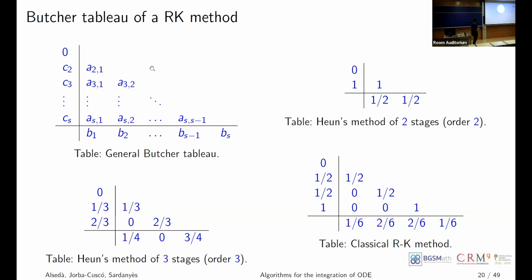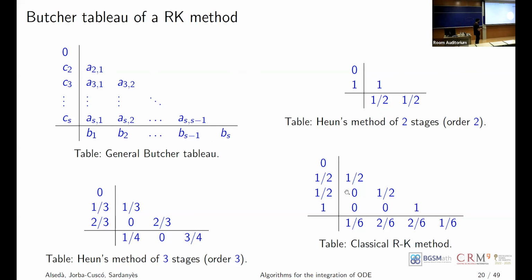But essentially, this column here indicates the grid. The thing below inside indicates the coefficients of the linear combination, the matrix. If there is nothing, it means that it is equal to 0. Okay, and these b's here are the weights. So this determines a Runge-Kutta method. This is another method, due to Heun's, but this time it has 3 stages and order 3.